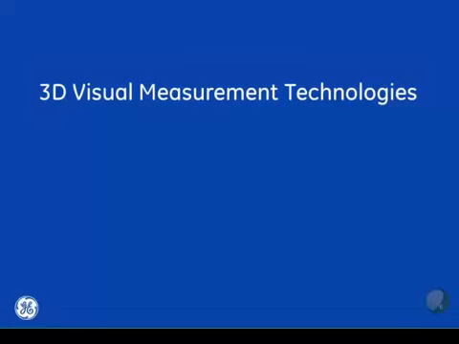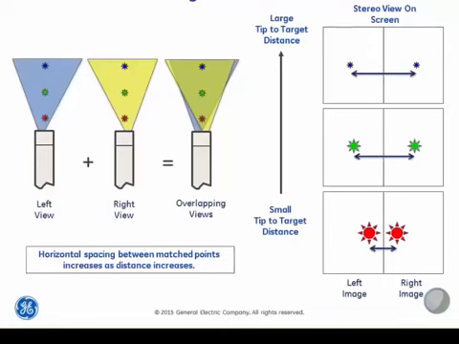All right, thanks, Tom. So let's start out by taking a look at some technologies we can use to perform 3D measurements. So the first is stereo measurement, which has been around in its basic form for well over a decade on video borescopes. So with stereo, we have a tip adapter that provides separate but overlapping left and right image views.